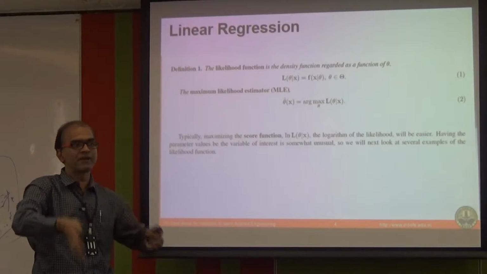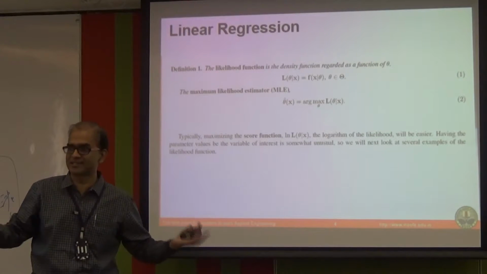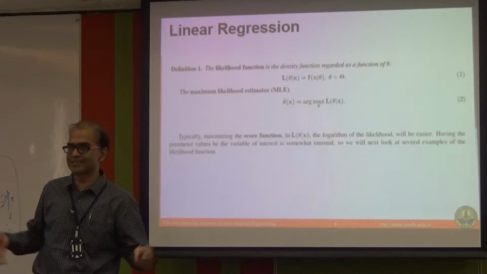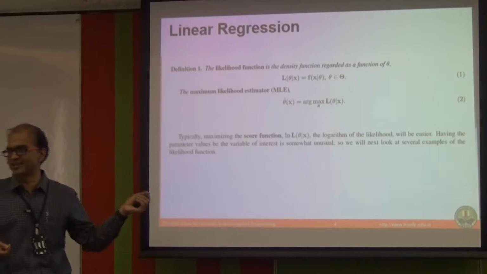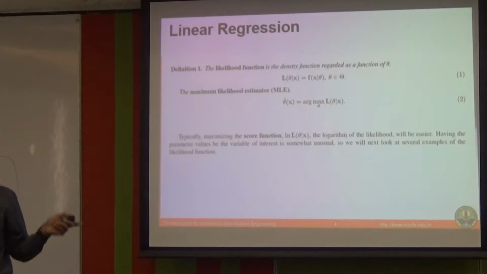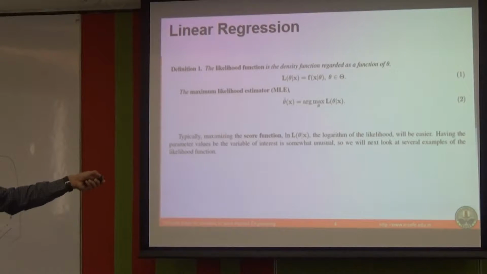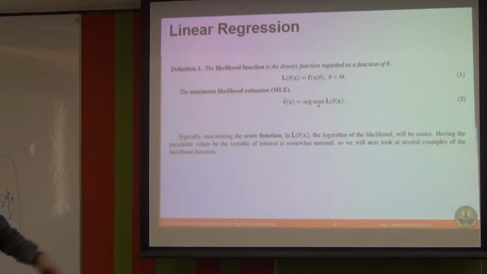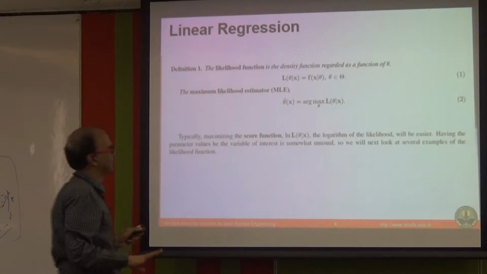The maximum of log f(x) and the maximum of f(x) are the same because logarithm doesn't disturb that. It's just a mathematical convenience. Most of these functions have lots of powers in them: P1(x) times P2(x) times P3(x) times P4(x). So I have theta to the power of n, and logarithm just makes it n log theta. That's the only advantage. So it's mathematical convenience, nothing significant.